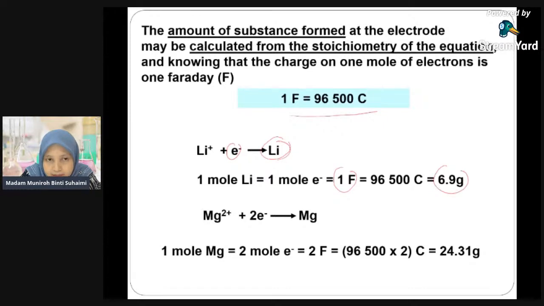So ini perkadaran dia. Ini for lithium is for 1 electron. So for magnesium, 2 electron. If 2 electron, so 1 mole of magnesium equals to 2 mole of electron, from this equation. 2 electron equals to 2 Faraday.